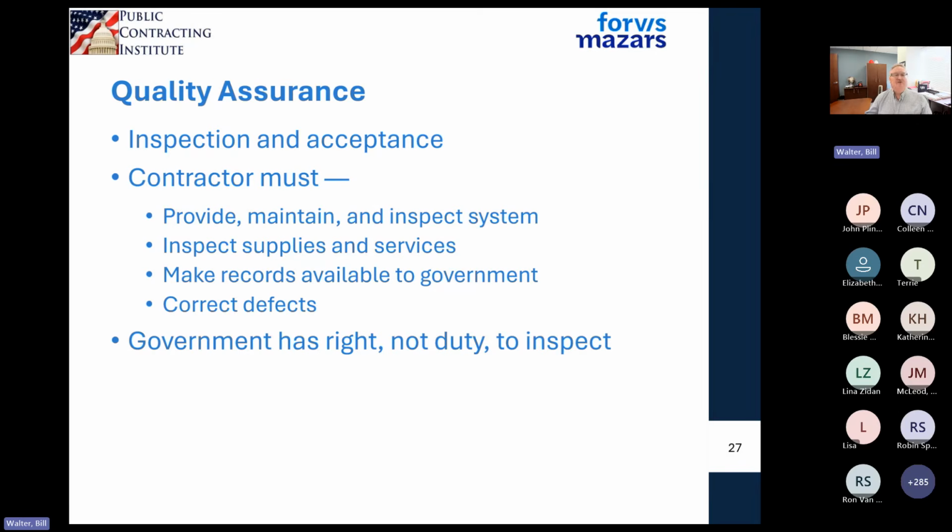You also tell the government, we're going to give you access to our quality records. You give us the contract, you get access to it. And if there's a defect that needs to be corrected, we'll do it. But if I have to spend 6 hours doing it, that's going to be allowable cost on my contract. The government has the right, not the duty, to inspect. You have to make it available. They're going to take a look at things, but they don't always get out to inspect every item that goes out.